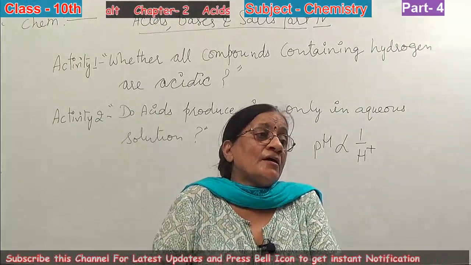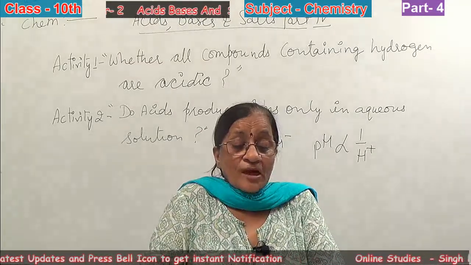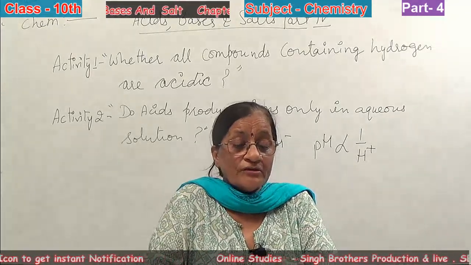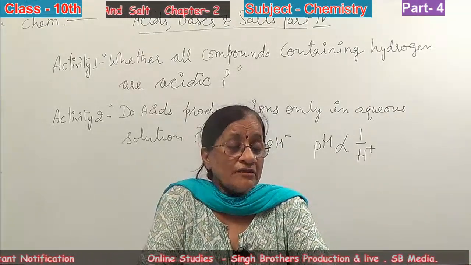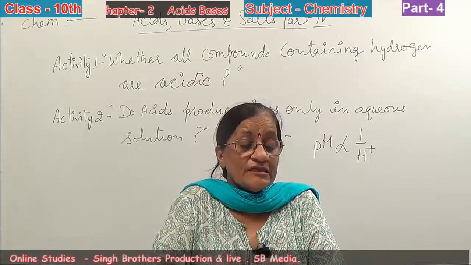Besides that, pH is also important for plants. Plants also need a specific pH range for their healthy growth. They grow best when the pH of soil is nearly 7.